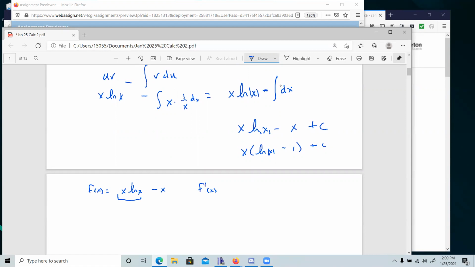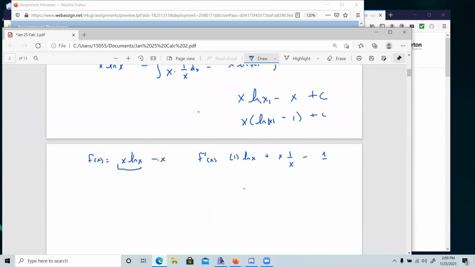We'd have the derivative of the first times the second plus the first times the derivative of the second, minus, just a minus there for derivatives, which would be minus 1. So we'd end up with ln x. These guys cancel, so we'd have plus 1, minus 1. The derivative of c was 0, we don't have to worry about that. And that goes back to ln x.